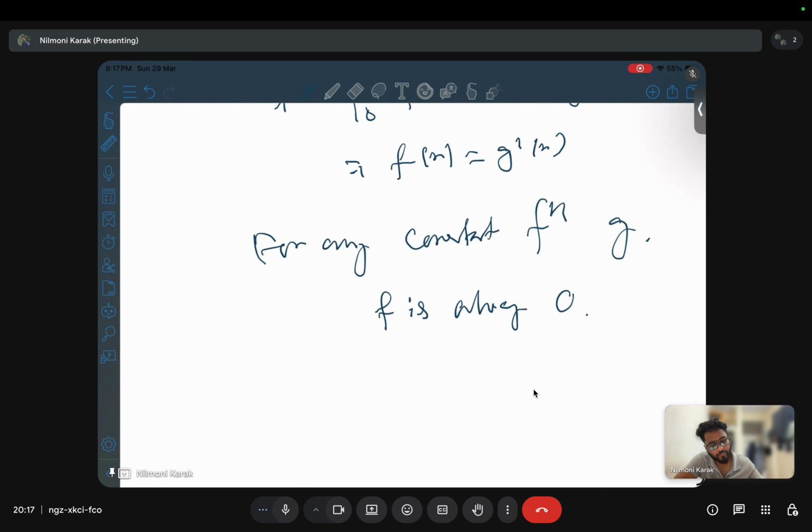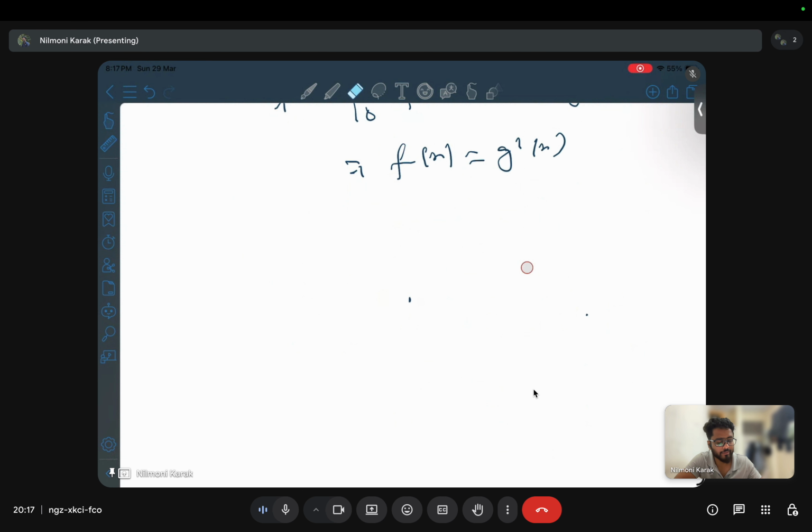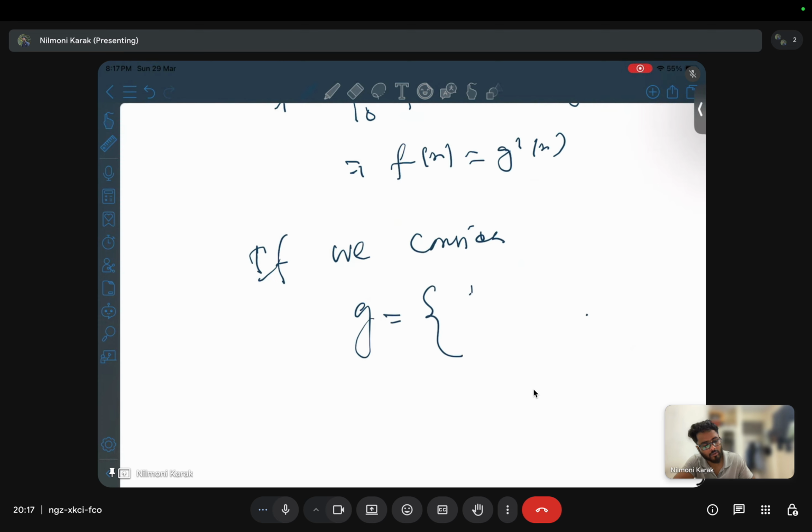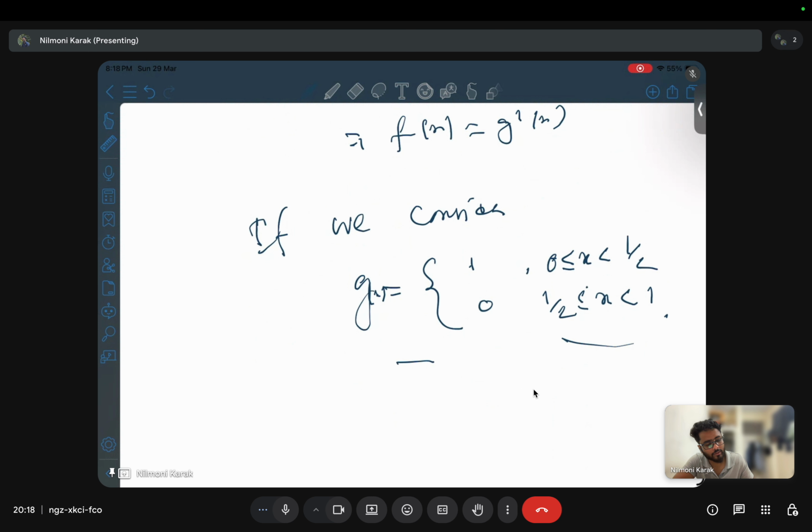So actually, when this is not satisfied, if we consider g equal to 0 for x less than half, and 1 for half less than or equal to x less than 1, this is g of x.